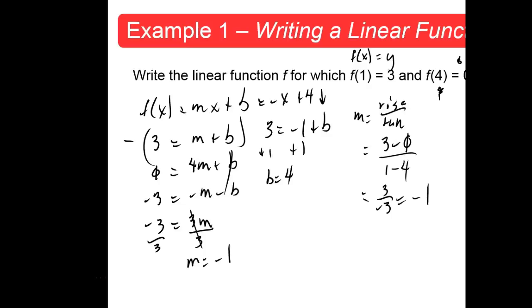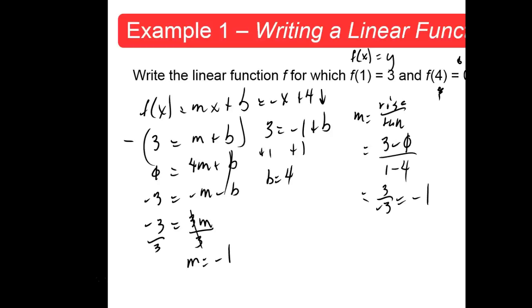Okay. Now, if we were doing it that way, then what you could do, kind of like we did before, once you have your m of -1, pick either one of those. Doesn't matter which one. You want to pick ordered pair 1, 3 or ordered pair 4, 0. I don't care. Pick one.